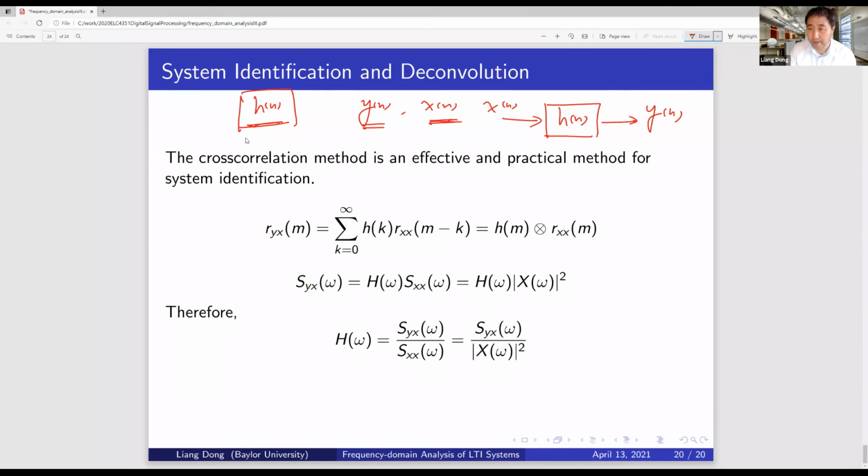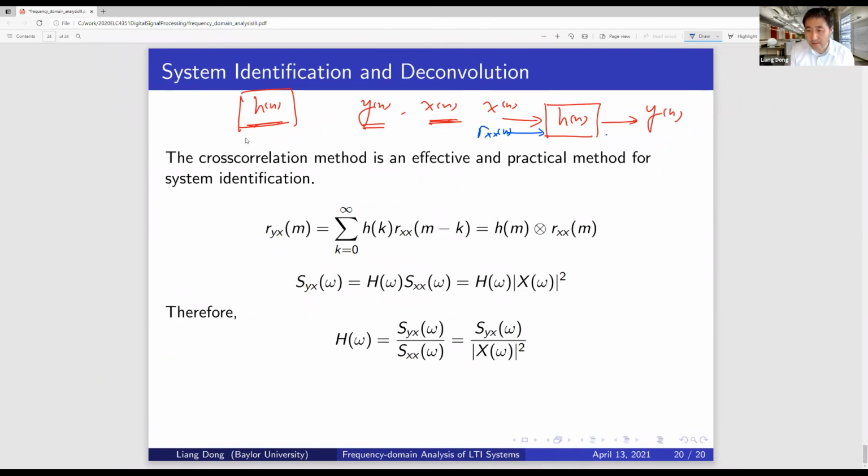Previously, we have already mentioned that for the same system, if the input, instead of signal Xn itself, we are using the autocorrelation of the input signal. Now, in this case, the autocorrelation is a much more stable representation of the signal, because if the signal itself is stationary, this autocorrelation should be a fixed value.